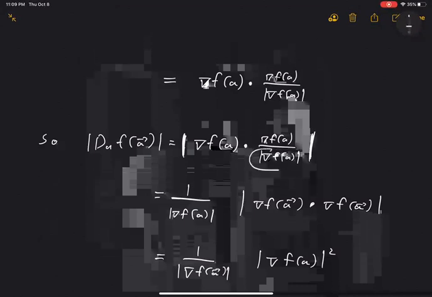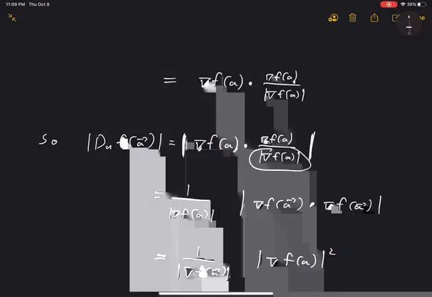So from our properties of vectors, I can pull this out of my absolute value, and then my dot product becomes del f at a dot del f at a.